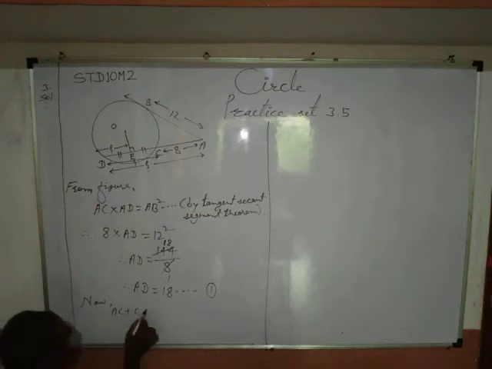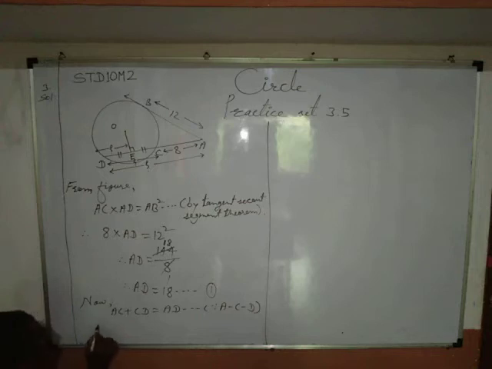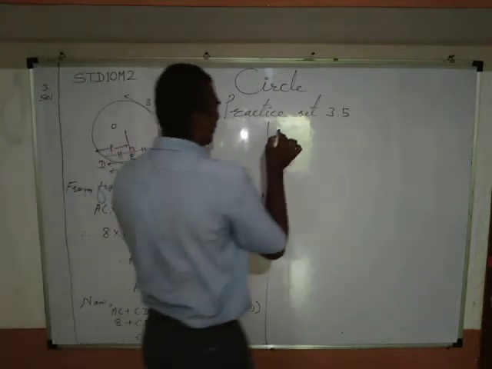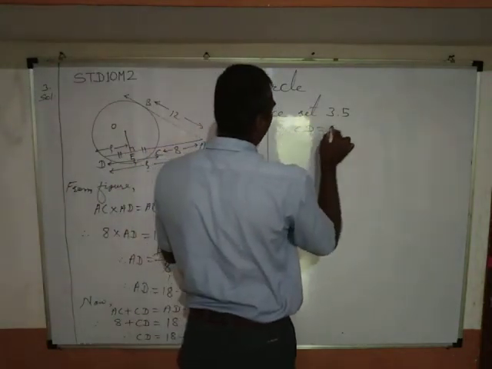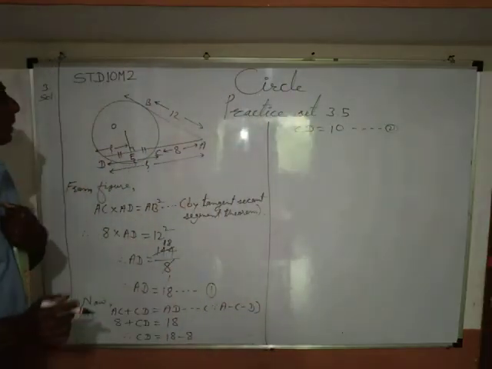Now AC plus CD equals AD, since A-C-D are collinear, and therefore AC, which is 8, plus CD, we don't know the length of CD, that equals AD, which is 18, and therefore CD equals 18 minus 8. Therefore CD equals 10. Equation 2nd.